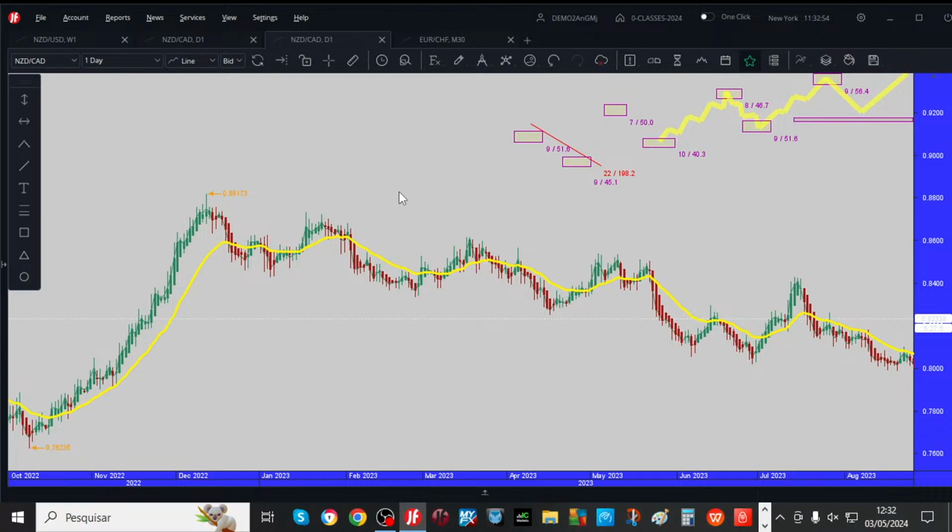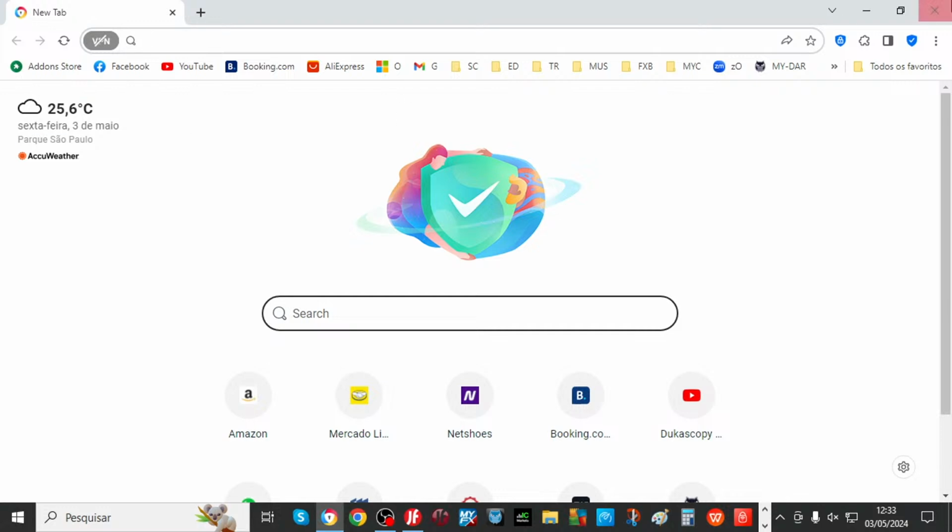Again, why can't I move? All right, looks like it's bugged. F11, not working. J-Forex. All right, let's go to TradingView, everybody.